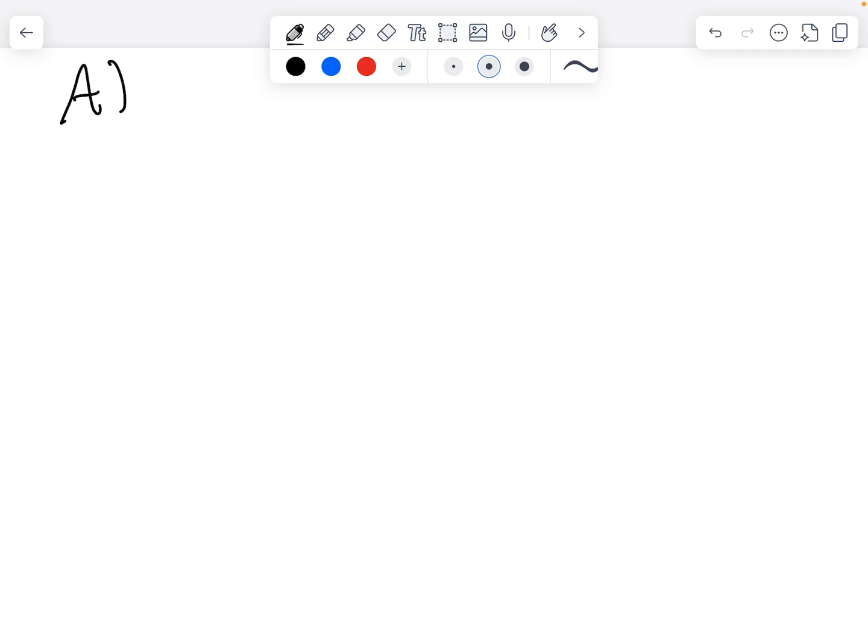So they gave us all the information we need. We're going to use the kinematic equation, which is y equals initial velocity times time plus 1/2 a t squared. Here, a is just gravity.